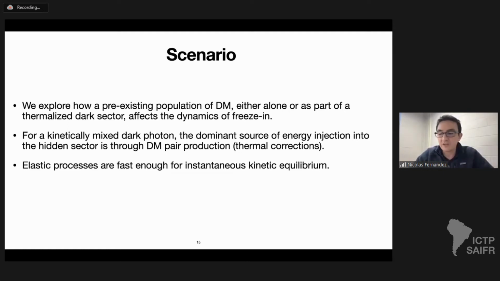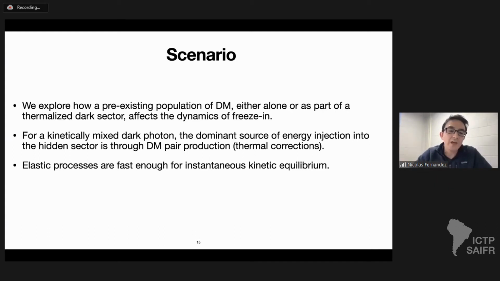The photon acquires a thermal mass, and in that case the coupling between the fermions and the dark photon becomes epsilon suppressed. So you don't have any injection from the standard model to dark photons, only to dark matter. That's the only way that the standard model and the dark sector talk.